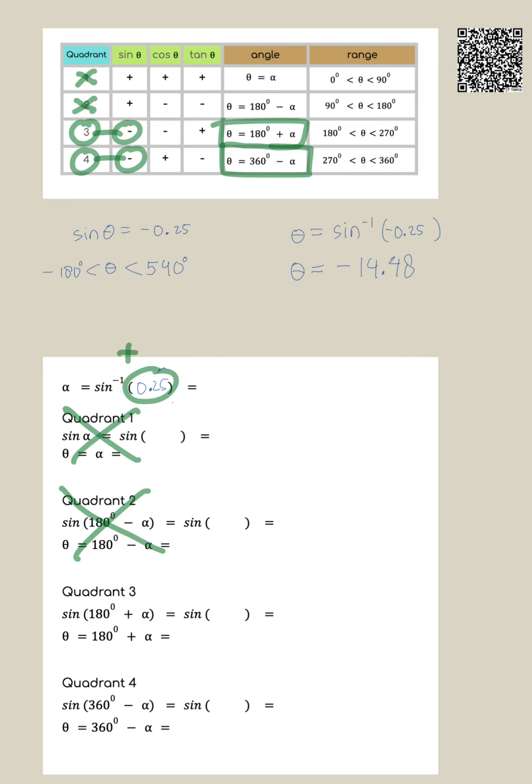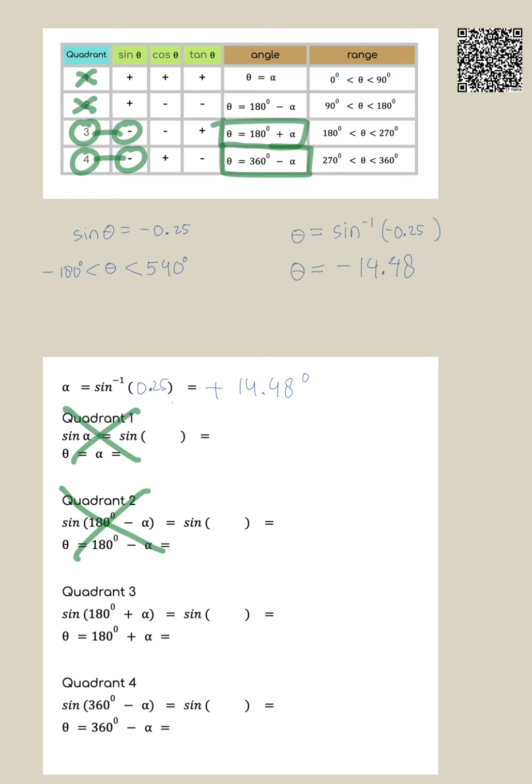Positive sine inverse of positive 0.25. We press the calculator, inverse sine 0.25. What do you get? You get positive 14.48 degrees. So that's alpha.